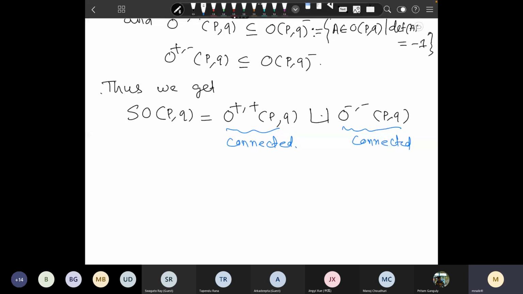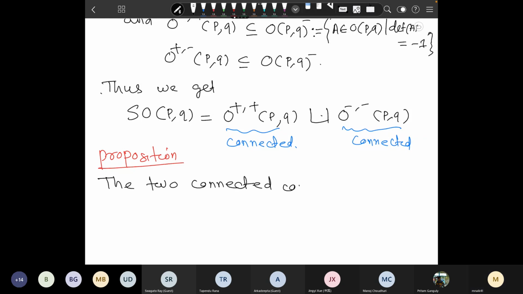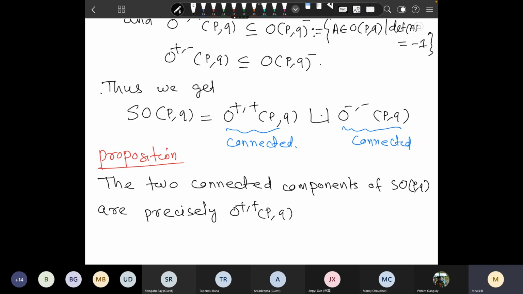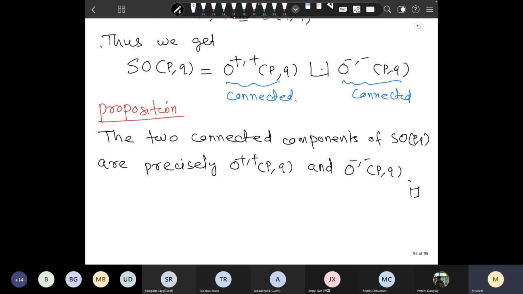So, proposition: the two connected components of SO(P, Q) are precisely O plus plus (P, Q) and O minus minus (P, Q). Okay, so we have proved this.